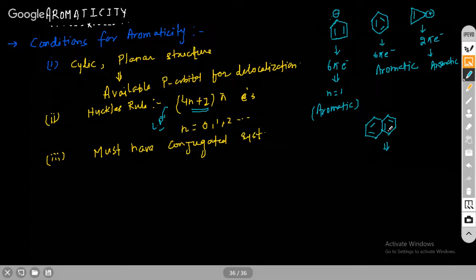Ten pi electrons, right? 5 pi bonds, 10 pi electrons. Again, for n equal to 2, it is possible. So aromatic, right? Aromatic. One more example. All these examples are important.